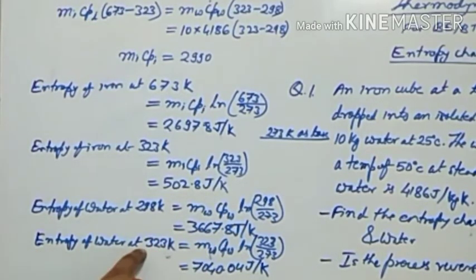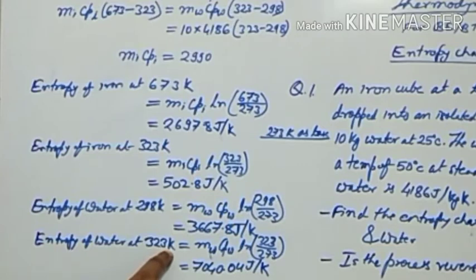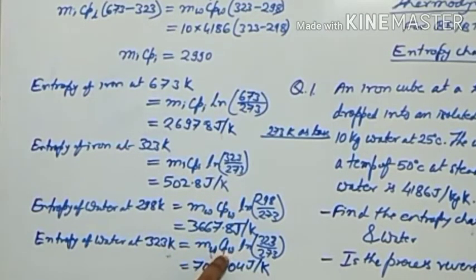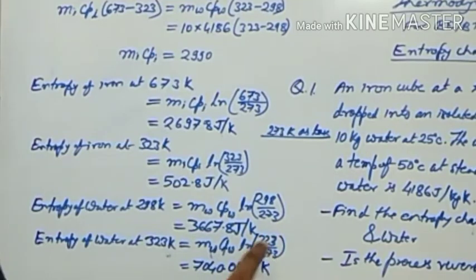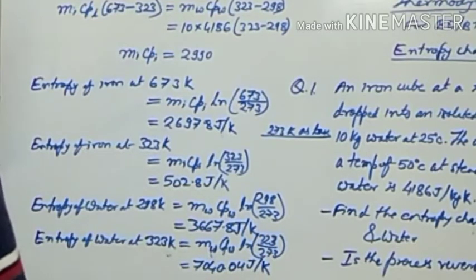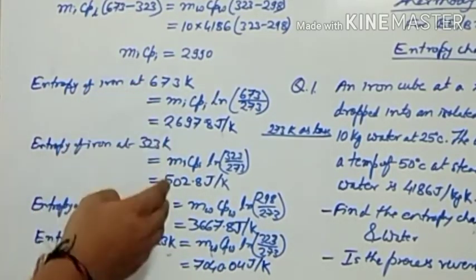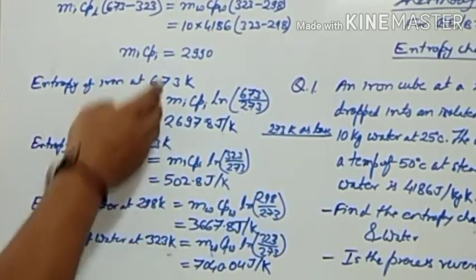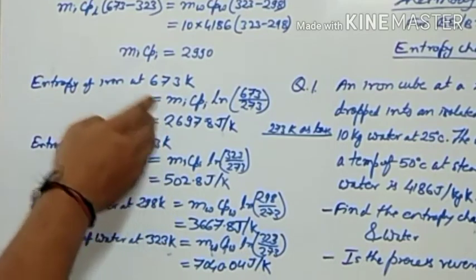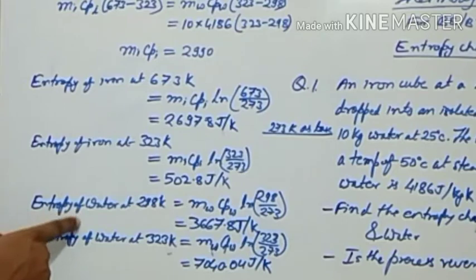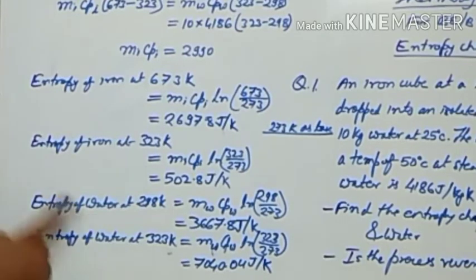The entropy of water at 323 Kelvin is Mw Cpw log of 323 upon 273. So we calculated the entropy of these. Now we'll find the change in entropy of the iron cube from initial to final, and similarly the change in entropy for the water.